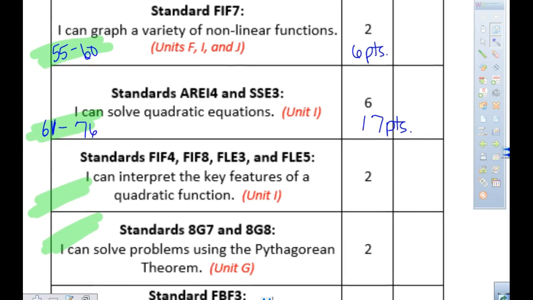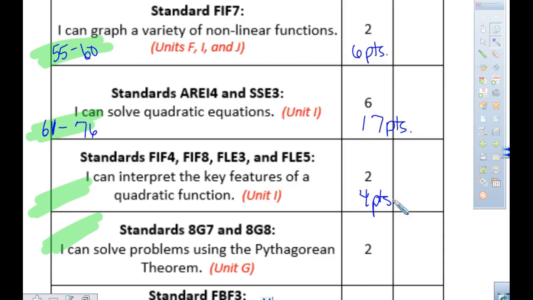The next one: I can interpret the key features of a quadratic. There will be 2 questions, 4 points. Those key features are the A, B, and C of the quadratic. What does the A do? The A tells us that it goes up or down if it's positive or negative. It makes it narrow or wide. How does the C affect it?